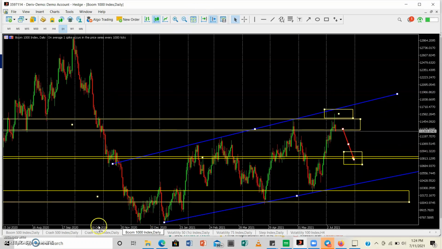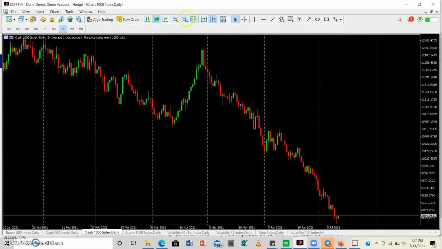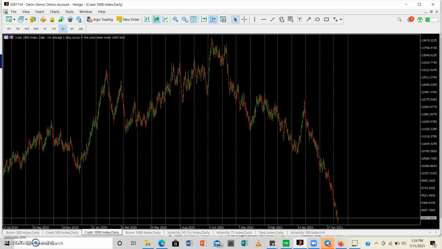Let's take a look at Crash 1000 and see what we have. Still in the daily time frame, so these are not scalping trades, but you can actually hold them, so have your notification bell turned on. What has been happening to Crash 1000 is we have been in a downtrend.